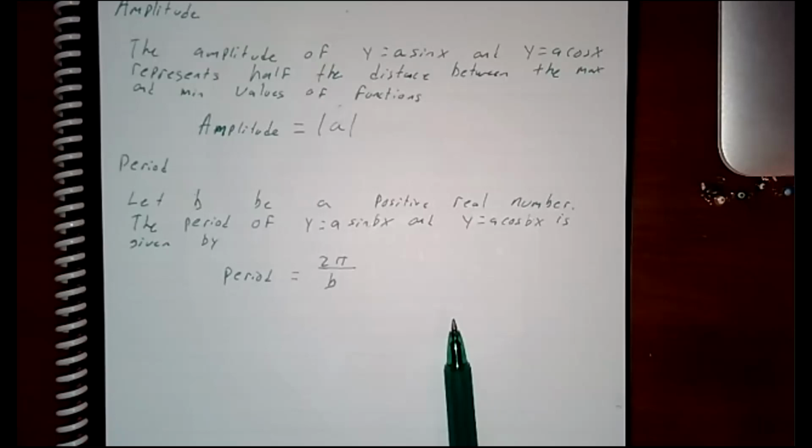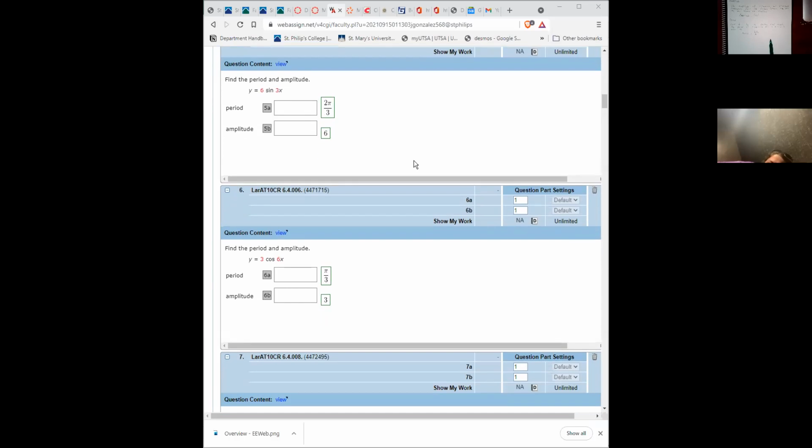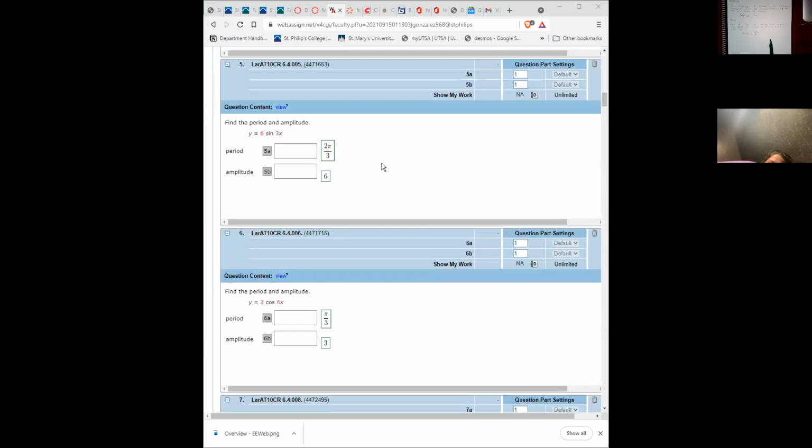Okay. All right, so let's look at the homework problems and start our examples. So that's the theory behind it, right? So look at number 5 here.